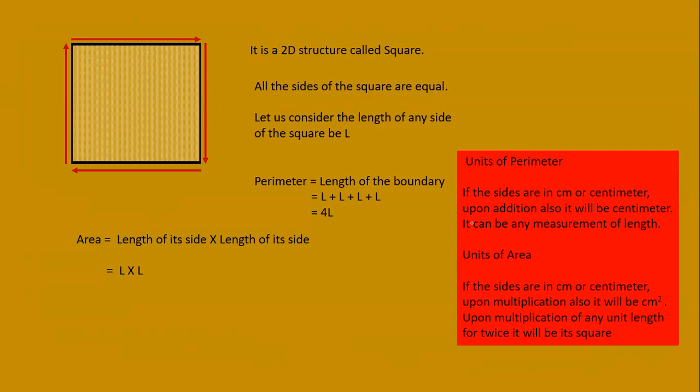So if the side is 2, I have said 2, in that case it will be 2 centimeter into 2 centimeter, which will give me 4 centimeter square. Okay, so definitely it is needed.